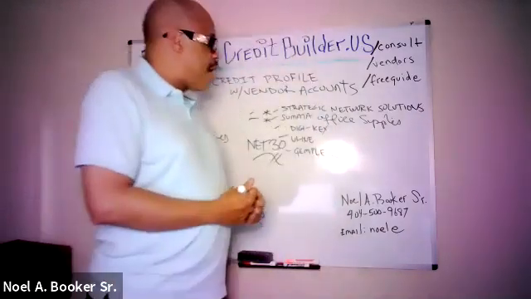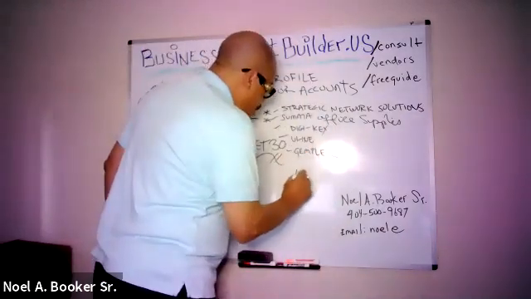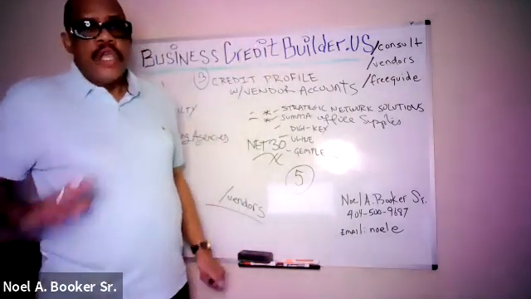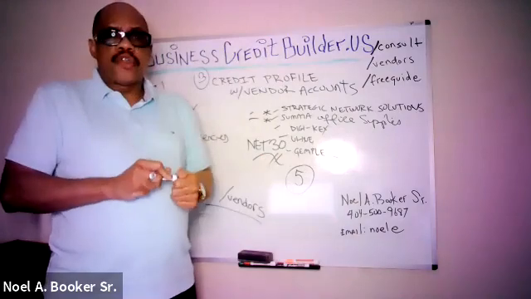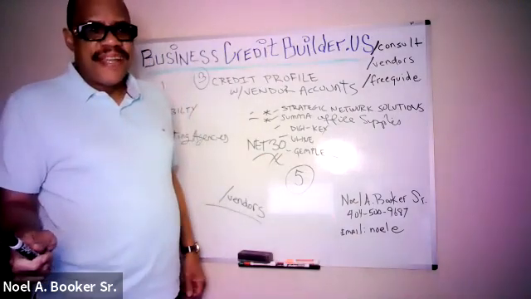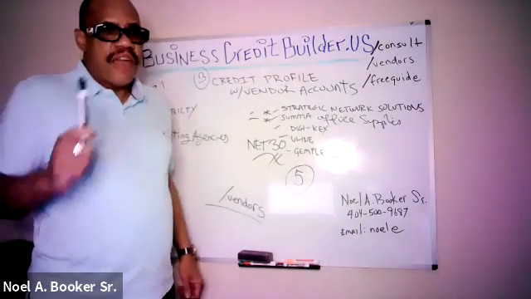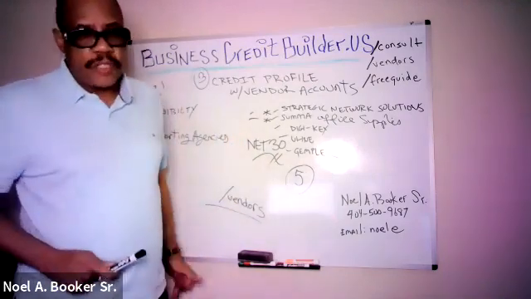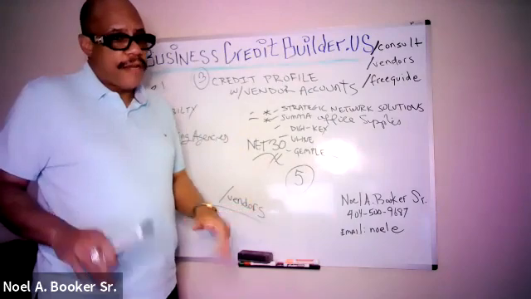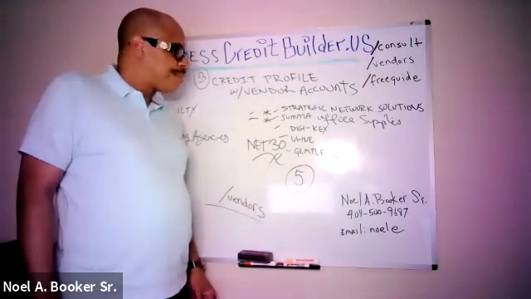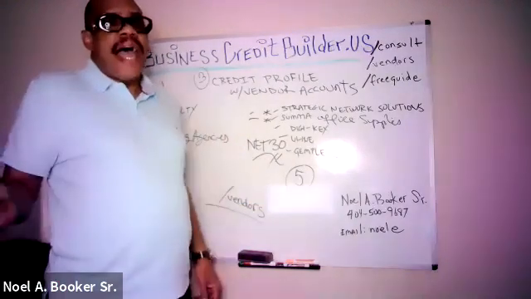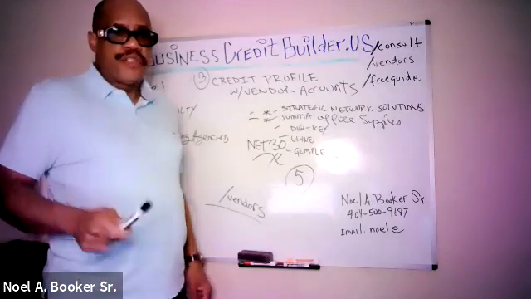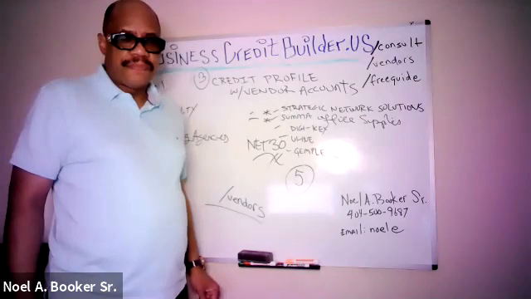So, out of the 5 vendors, right, the 5 net 30s, you want to make sure 3 of them report to Dun & Bradstreet, 1 to Equifax and 1 to Experian. That's advanced notice, right? So, this is basically how you start your business credit profile using vendor accounts.